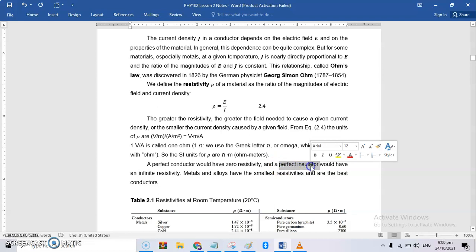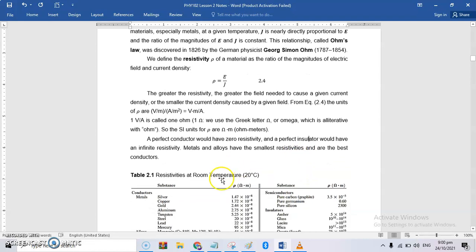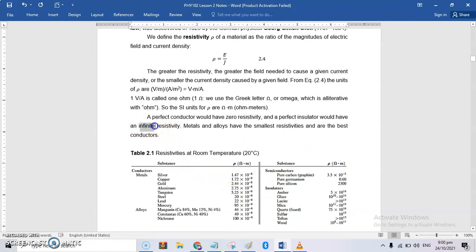And also, a perfect insulator is also very ideal, kasi walang perfect insulator because it doesn't have infinite resistivity. Metals and alloys have the smallest resistivities and are the best conductors. So, since walang perfect conductor, walang zero resistivity, there are only smallest values of resistivities.